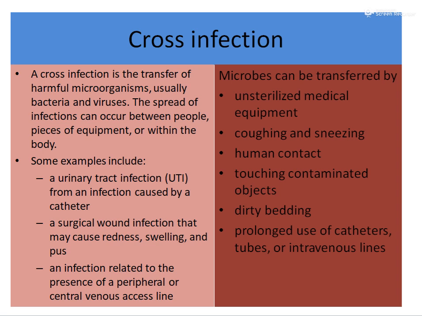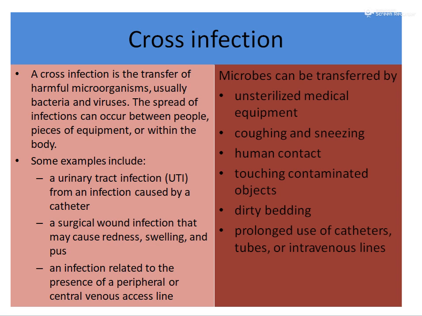You may already have an infection, but using an unsterile or improper catheter, you might get infected by something else. That is a catheter-induced infection, a case of cross infection.